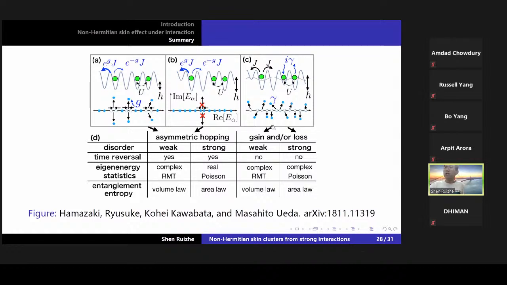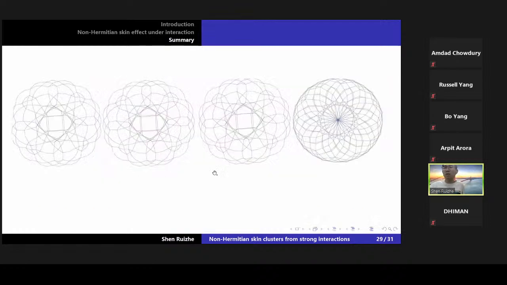They found there is many-body localization from weak disorder to strong disorder, and this localization can be seen from the entanglement entropy going from the volume law to the area law.